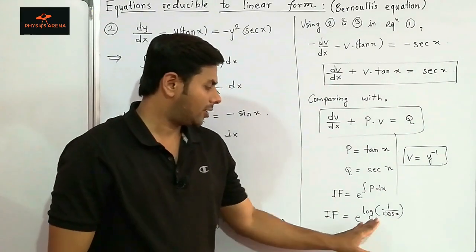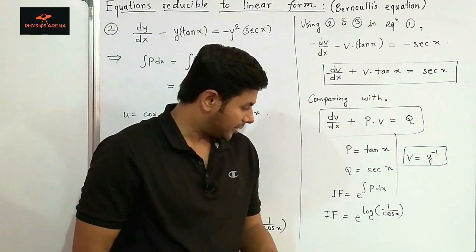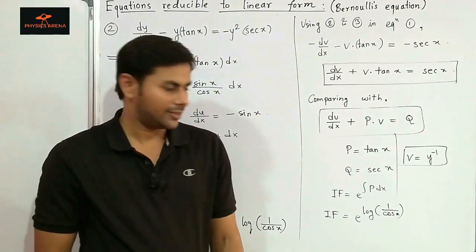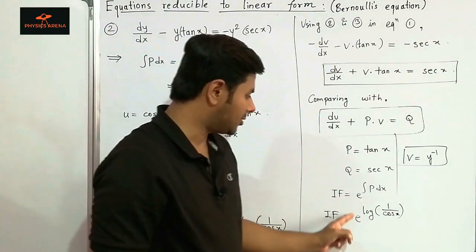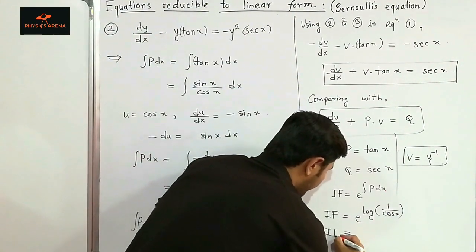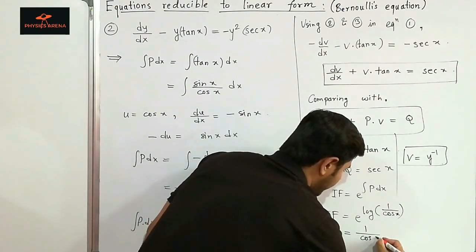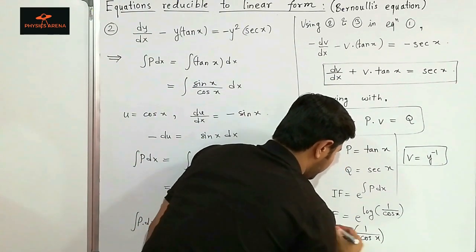Now e and log, they are inverse functions, so they cancel out each other's operations, and that's why the result of this is the integrating factor is just 1 over cosine x. Okay.